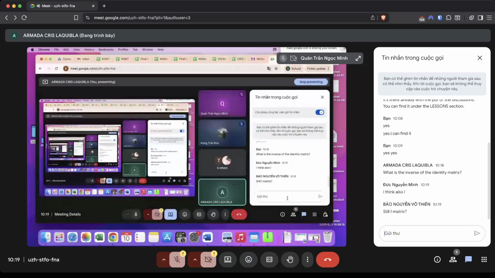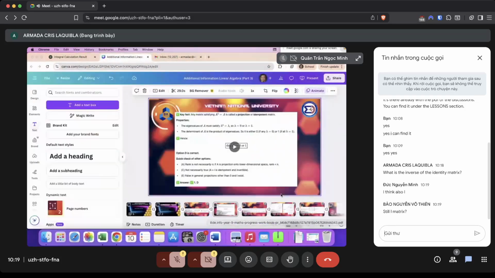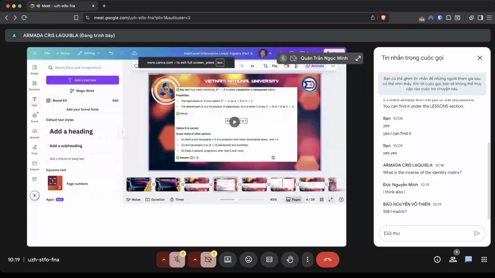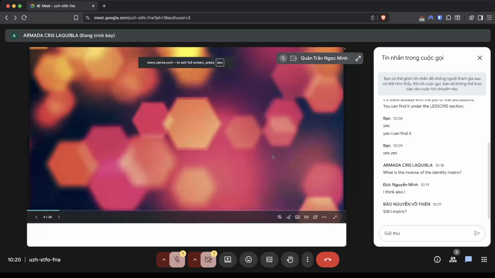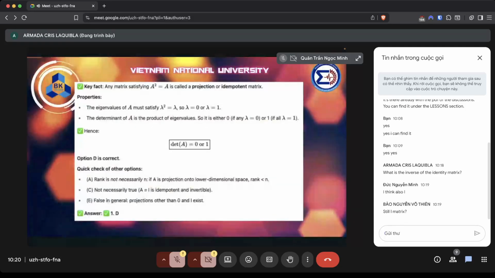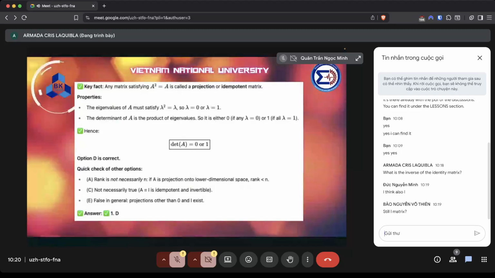You forgot it. You should answer it directly, like you know its inverse. Yeah, but the slides didn't tell you, right? The inverse of the identity is itself.